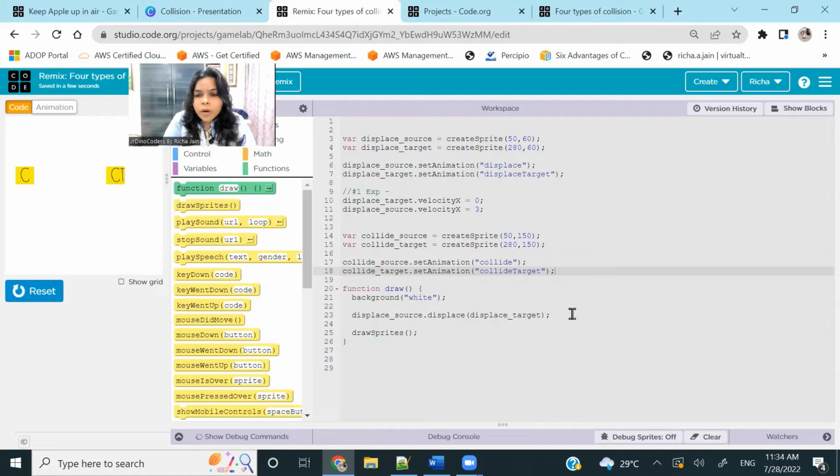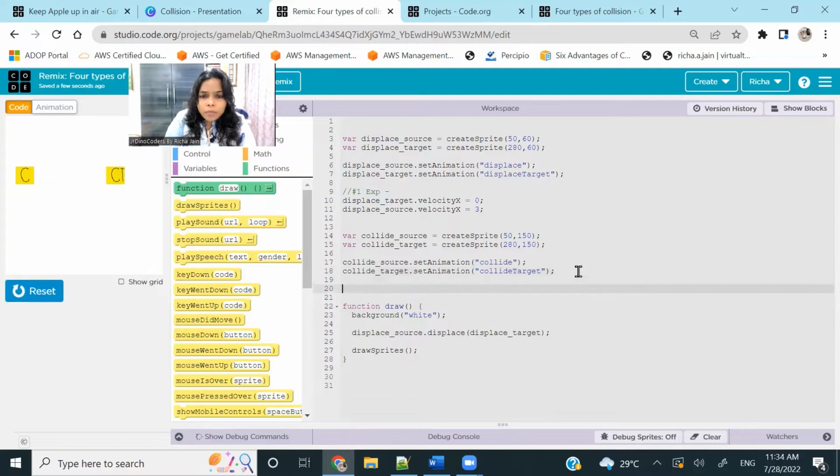As of now, I have not given them any velocity, and I have also not put up any code so that both of them collide. So I'm going to give this CT target a velocity x of 0.